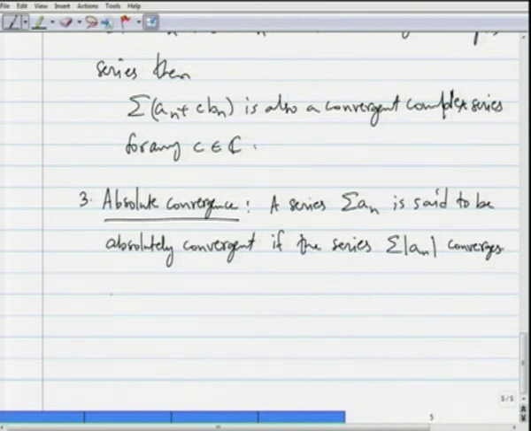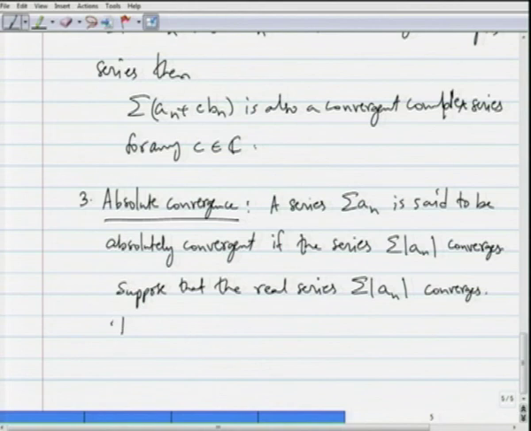by applying the triangle inequality, one can show the following. Suppose that the real series, notice that the absolute value series, where you take the modulus of the nth term and consider the series sigma modulus a_n, that is a series of real numbers, and suppose that this real series converges, then you can conclude that sigma a_n converges.